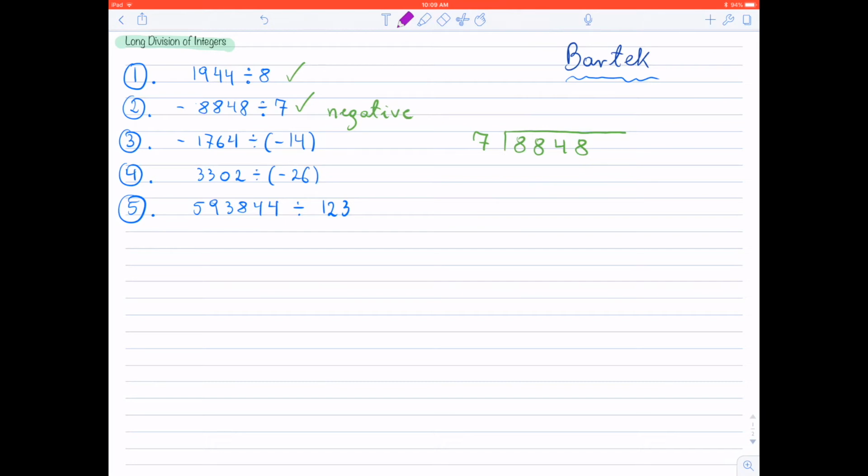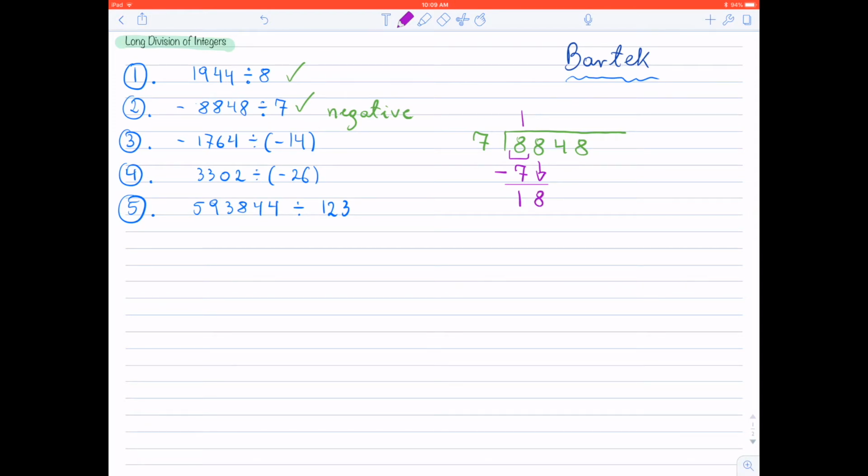I will start and see, okay, 7 into 8 actually does go. It goes 1 time. So 1 times 7 is 7. And now when I subtract, my remainder becomes 1. I bring down the 8.